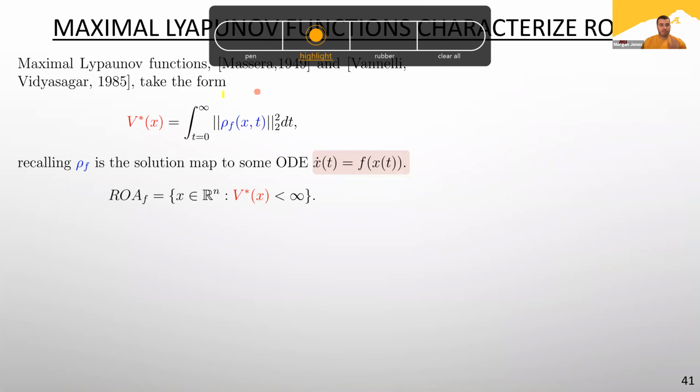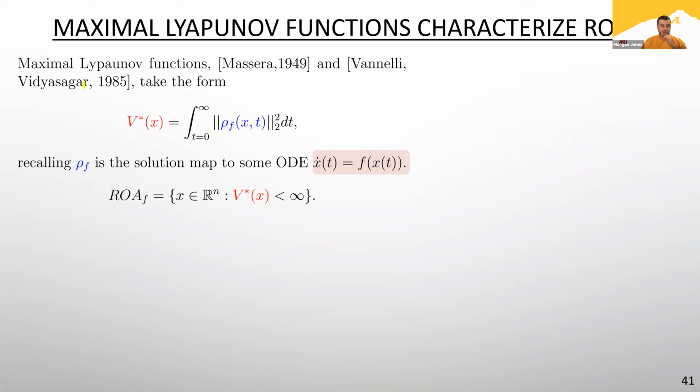So the most commonly used type of Lyapunov function to approximate regions of attraction is called the maximal Lyapunov function. It was first proposed in 1949 by Massera, and then in later work in 1985, the analysis that it can approximate regions of attraction was done.